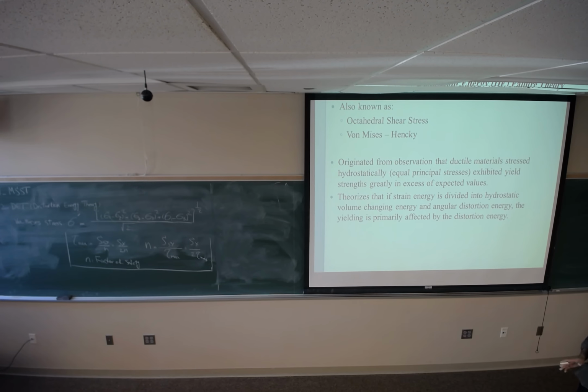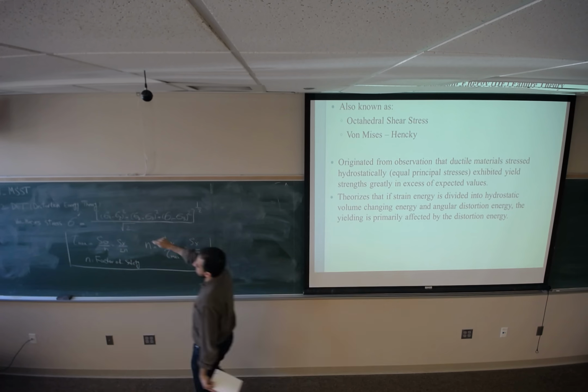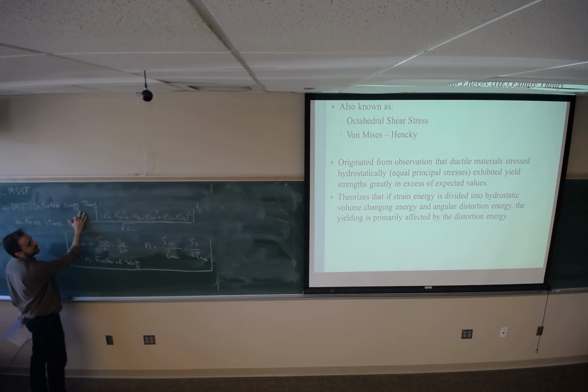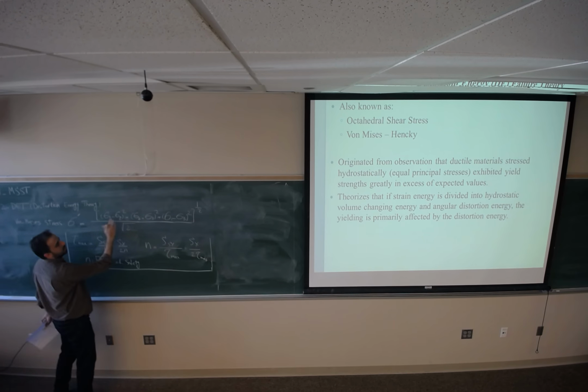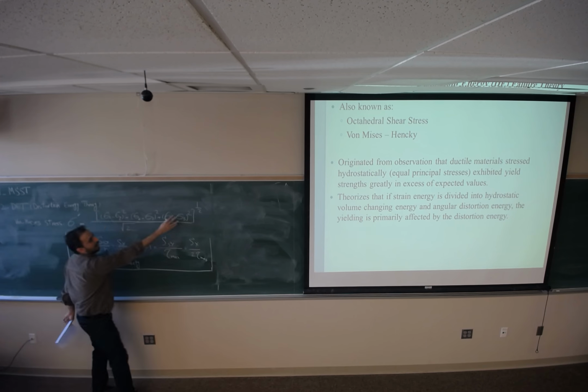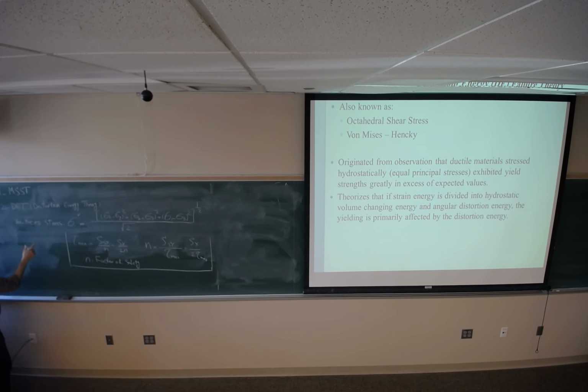I just defined a new term and I name it the von Mises stress. How can I calculate the von Mises stress? Just find the principal normal stresses sigma 1, sigma 2, and sigma 3. Plug in there and find the value for sigma prime, which is von Mises.